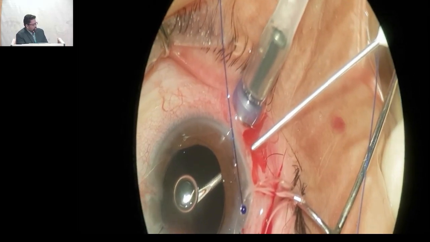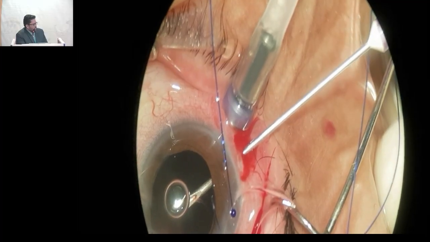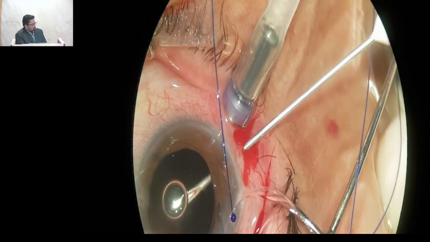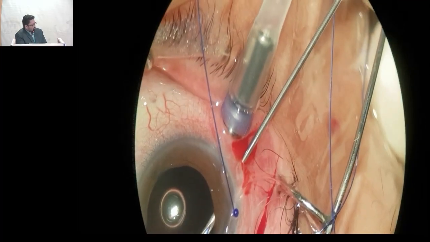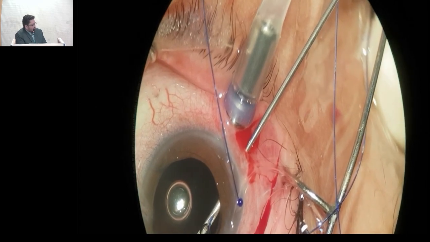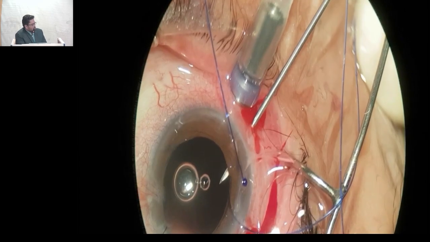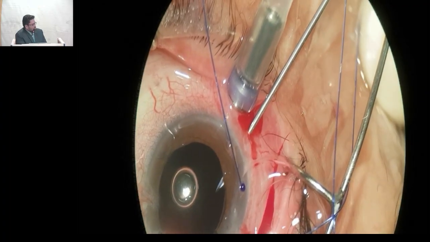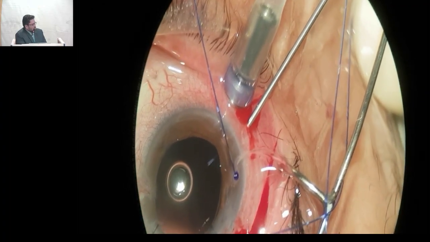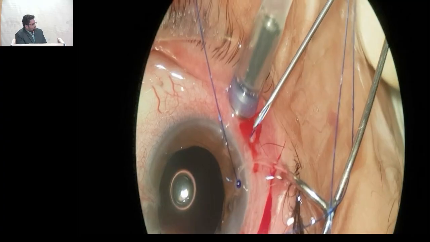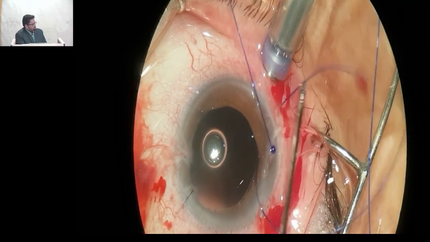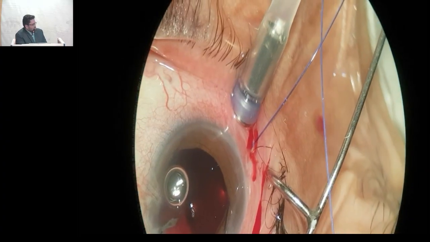You can also use a 25 or 26 gauge needle, which is better for the scleral tunnel. You feed the other end of the suture in it, and secure it like such. This process is repeated on the other side as well.